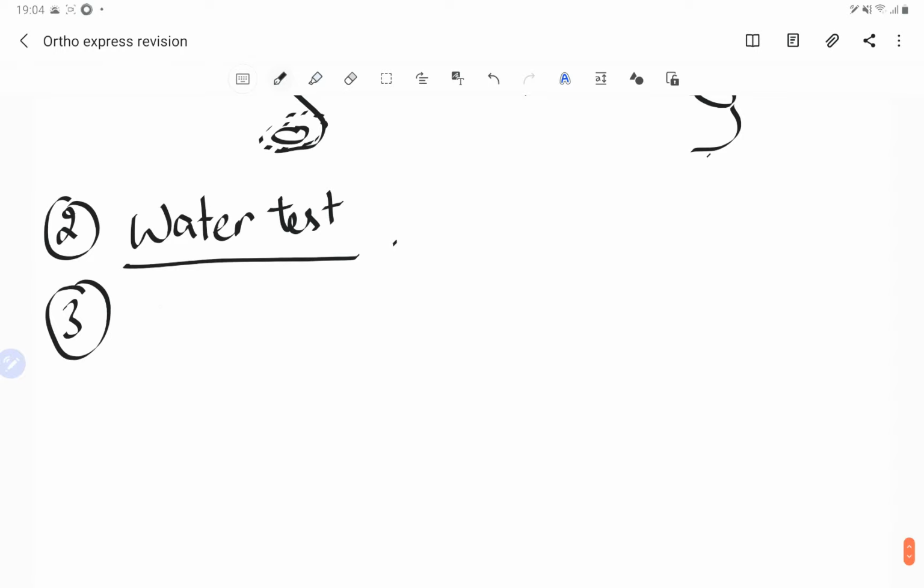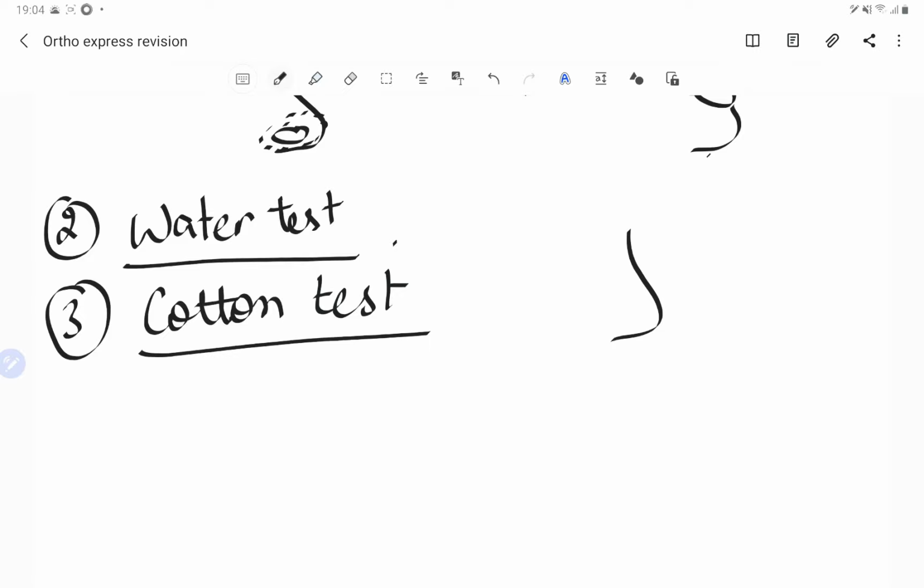The third test is the cotton test. What do we do in the cotton test? We put a butterfly shape cotton over the upper lip, below the nose, below the nostrils, and if the cotton flutters down, that means the person is a nasal breather.